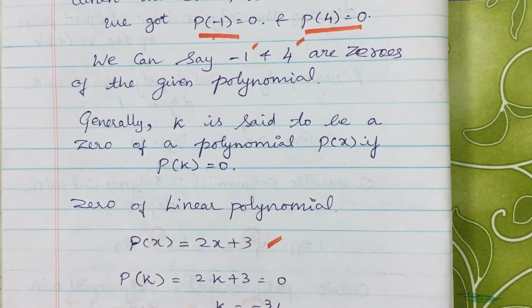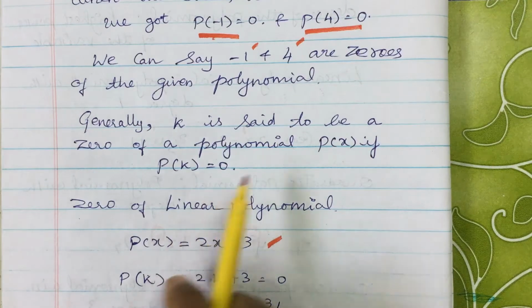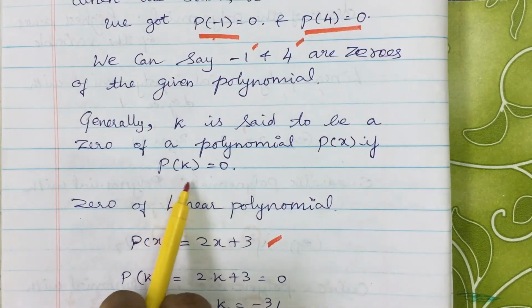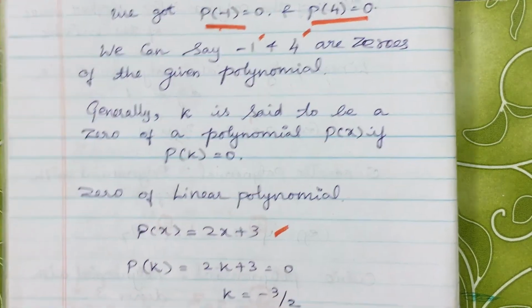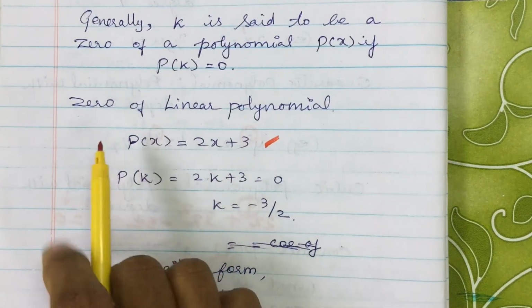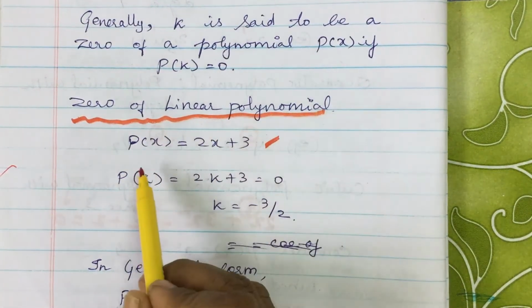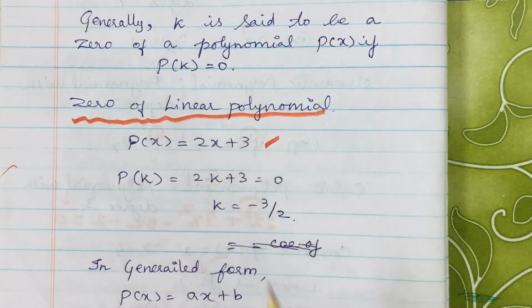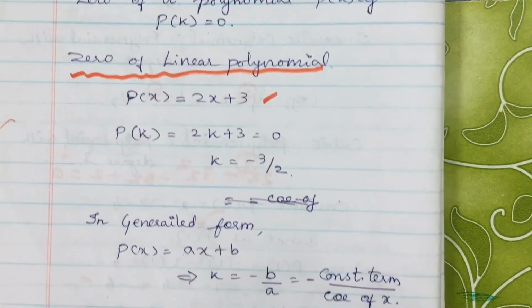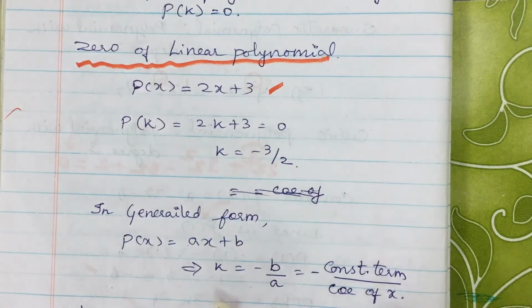Okay. So generally speaking, what you can say, k is said to be a 0 of the polynomial p of x only when p of k is equal to 0, right? Coming to the 0 of a linear polynomial. So I am considering p of x is equal to 2x plus 1 as a linear polynomial here. So I am substituting k for x.